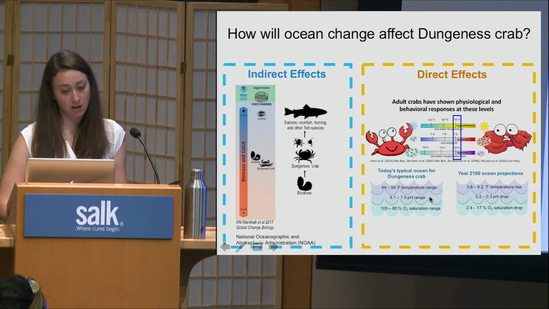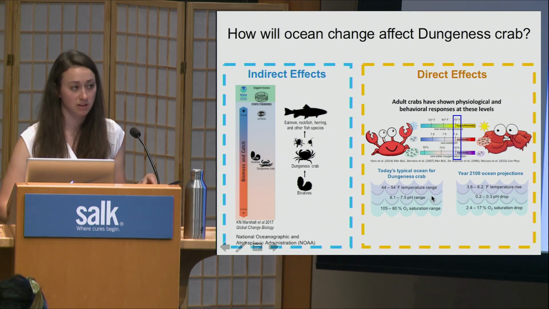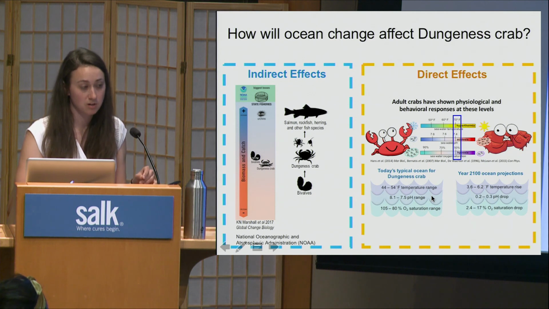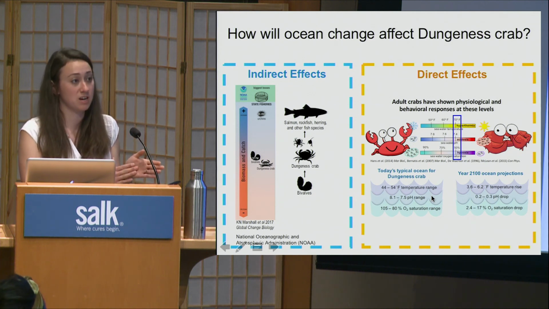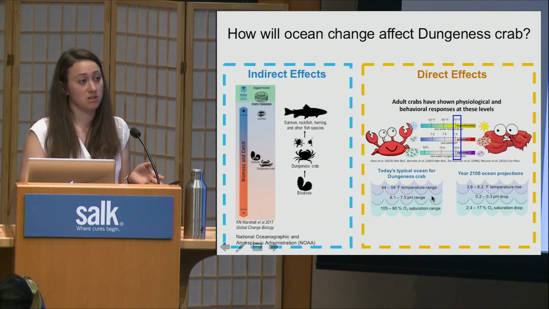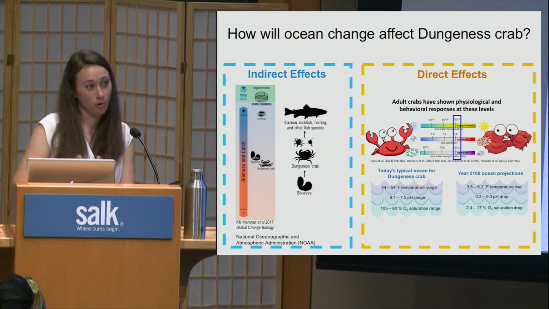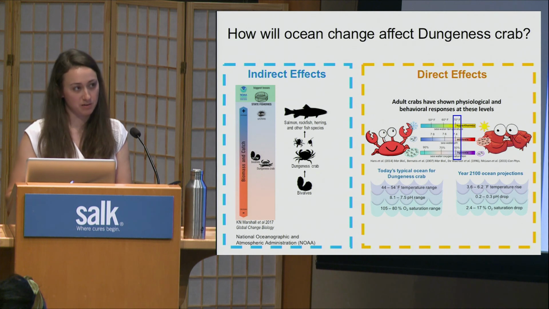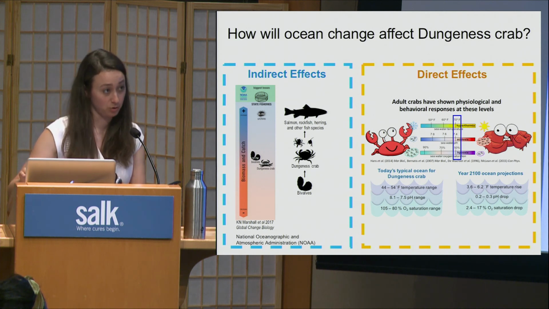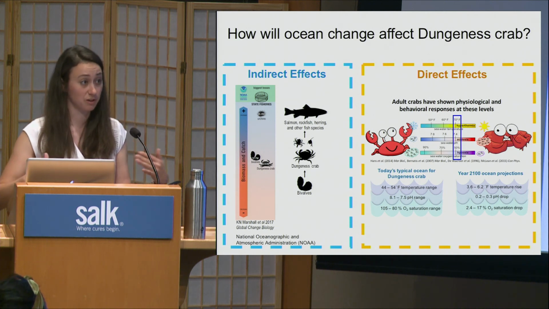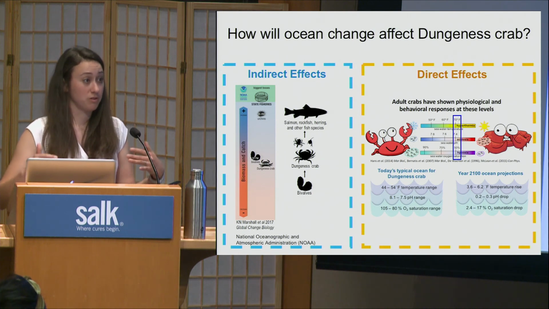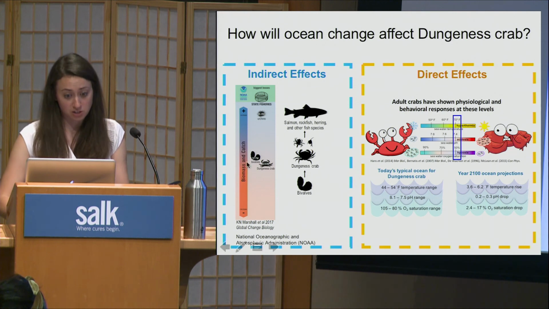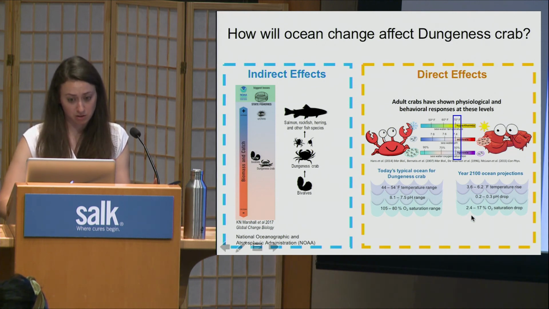And that is something that maybe the crab might experience very briefly now, for just a temporary time, but in the future, we think it's going to be more in that range. So the experiment, by keeping it at this constant low pH, is to get an idea of how they're going to do when their environment changes to be like that. And then the oxygen was, I think, about 30%.